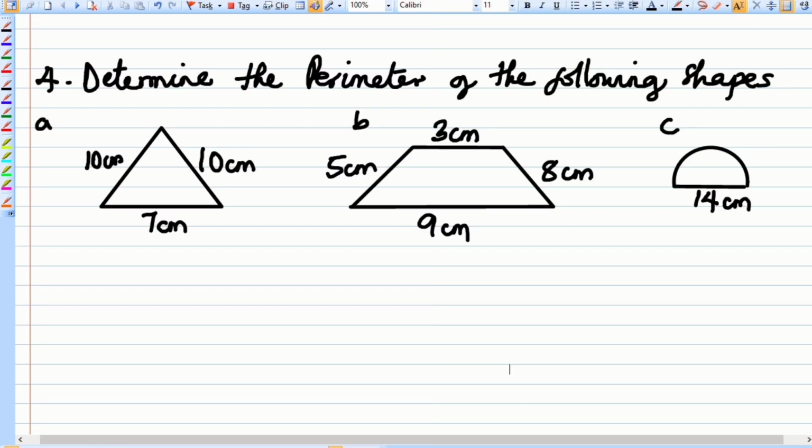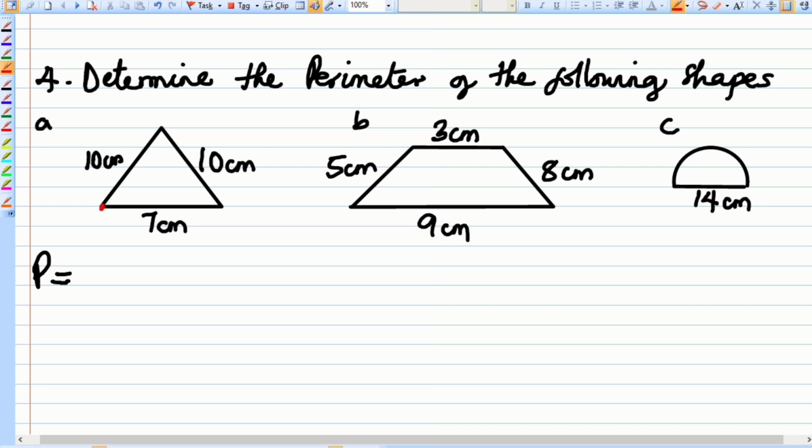Alright, so let's solve question number 4. Determine the perimeter of the following shapes. So you see we have some shapes there. So question number 4a, that's a triangle, right? So recall we said that there is no definite formula to calculate the perimeter of a triangle. So we just add the side lengths that we are given.